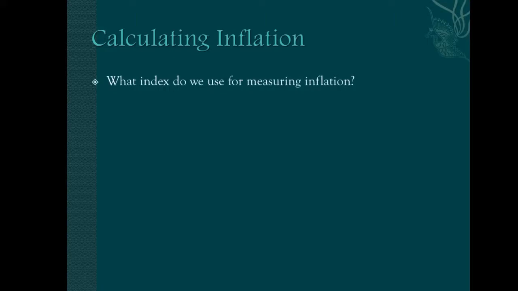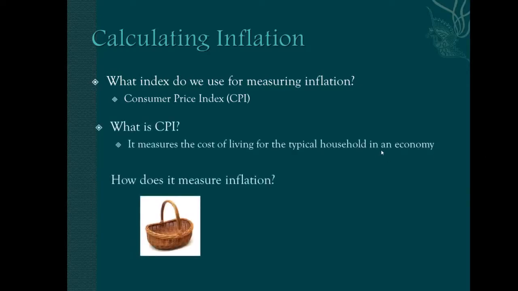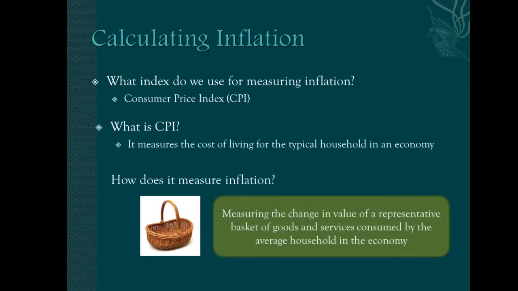We know that we can use the method that we learned from GCSE, which is CPI, the Consumer Price Index. With this index, we are trying to look at the cost of living for the typical household in our society, or in our economy.